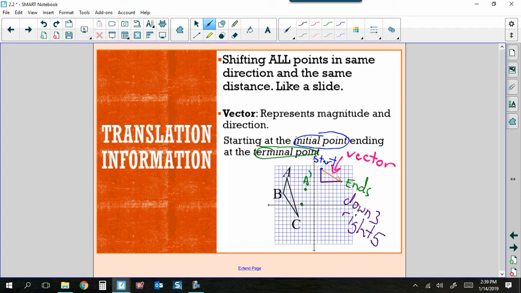If I take B and I go down 3 and right 5, B prime ends up right there. And then C, we would go down 1, 2, 3, and right 1, 2, 3, 4, and 5.